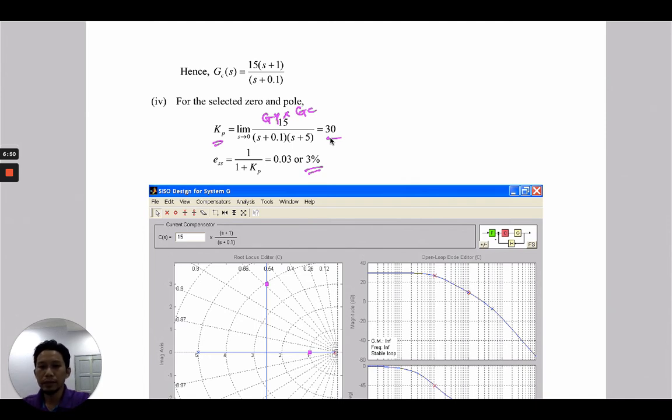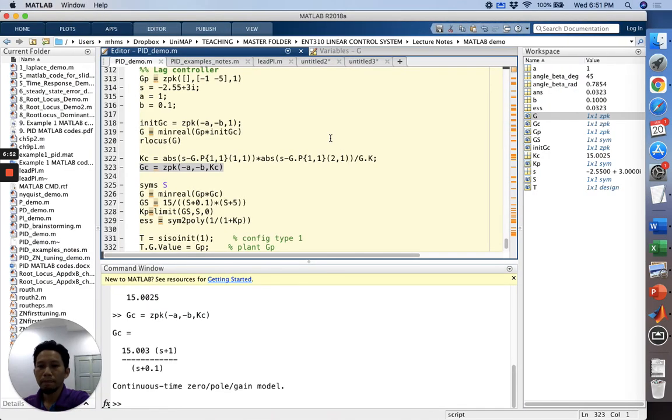Okay, let's use the Matlab to find the Kp and steady state error. I define capital S here because I don't want to mix it up with the S that we use to define the location of closed loop poles.